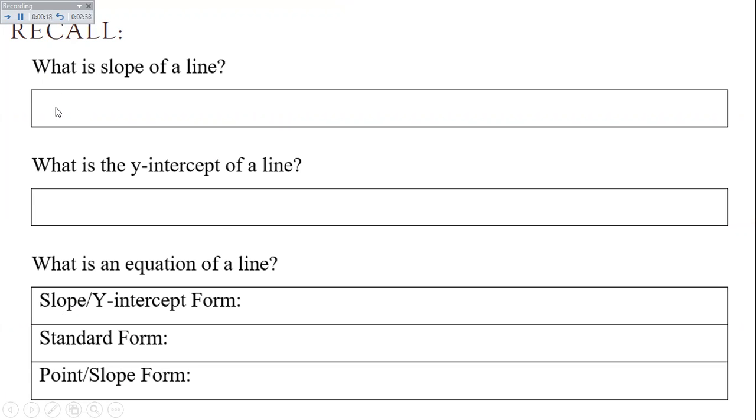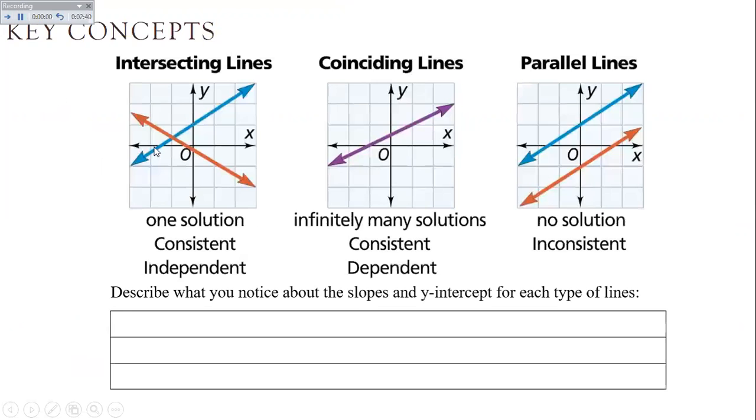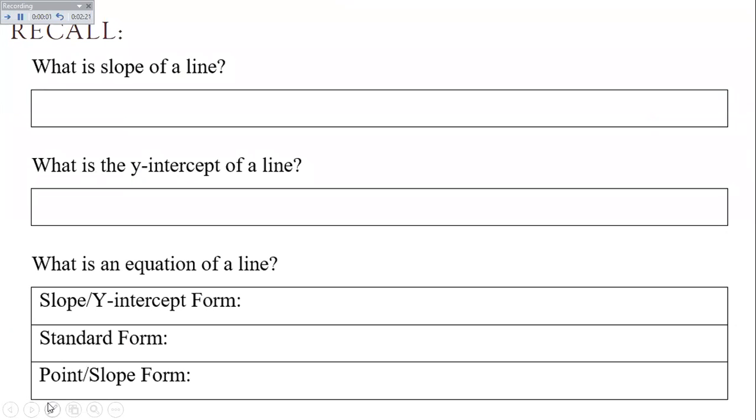It's x and y. Your slope is your change in your x and your change in your y. So in words, slope is our change in our y over our change in our x.